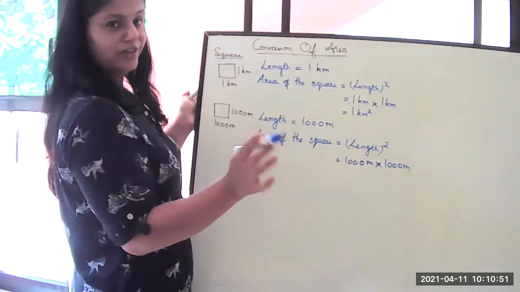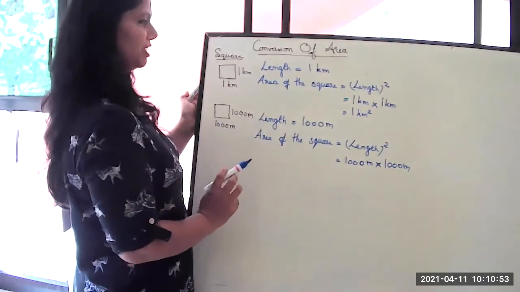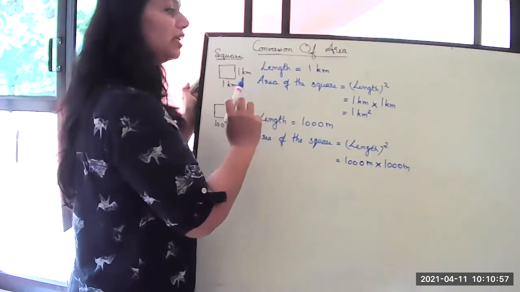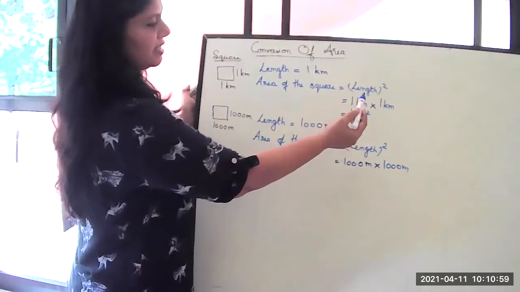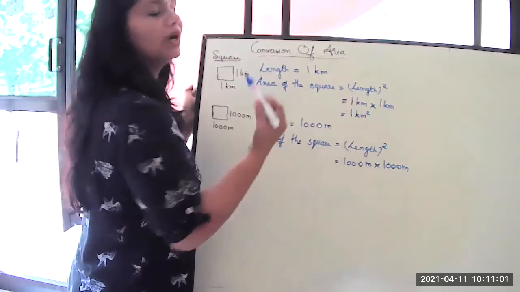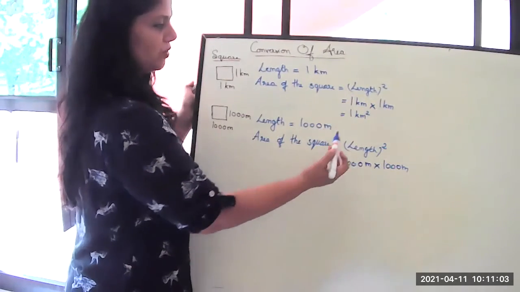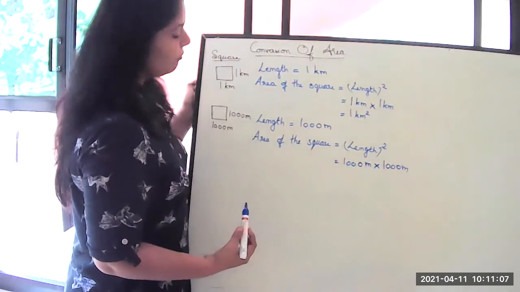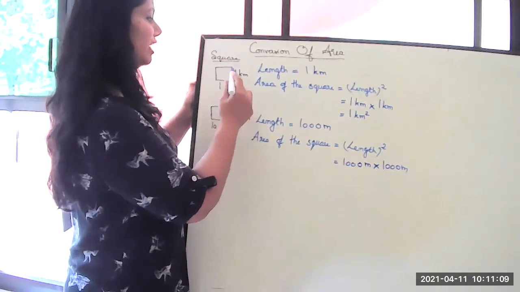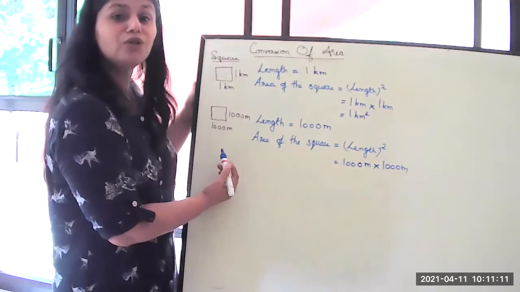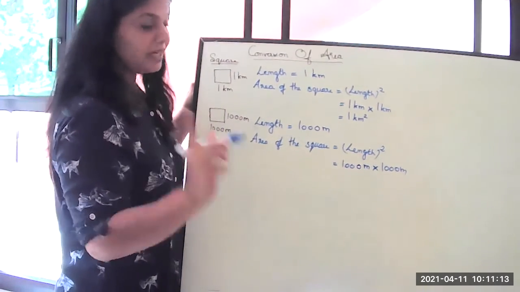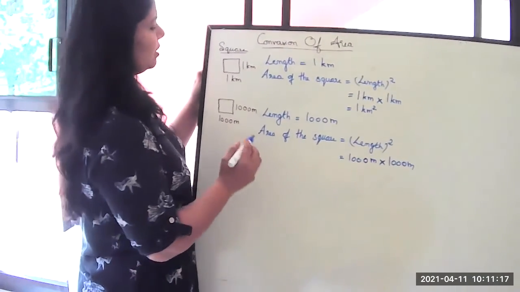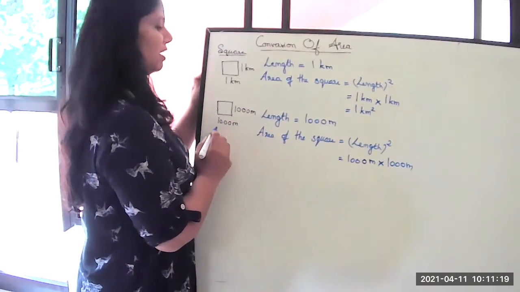So first of all, we are taking the length as 1 kilometer. So area of the square, that is length square, is equal to 1 kilometer square. That is 1 kilometer multiplied by 1 kilometer. Next is 1 kilometer is equal to 1000 meters, not 100 meters, it is 1000 meters.